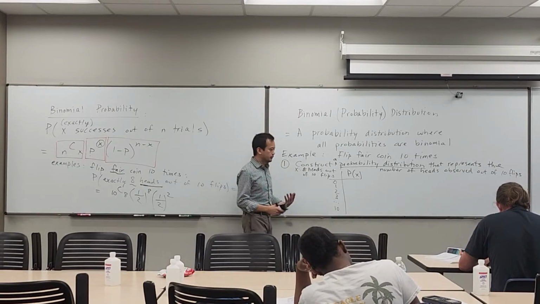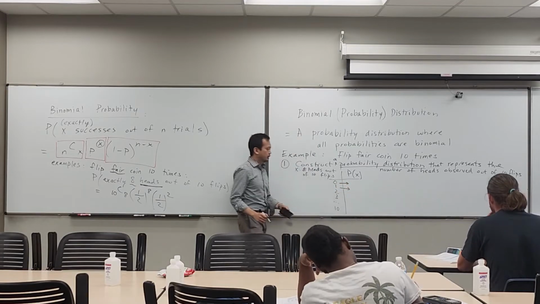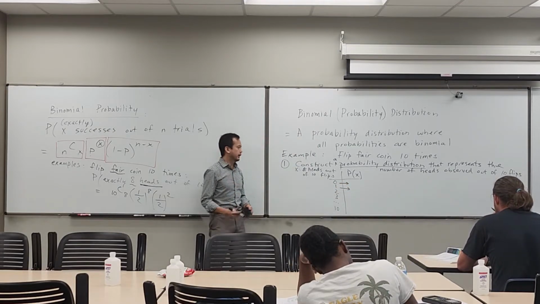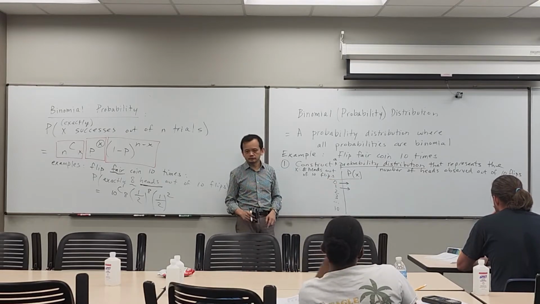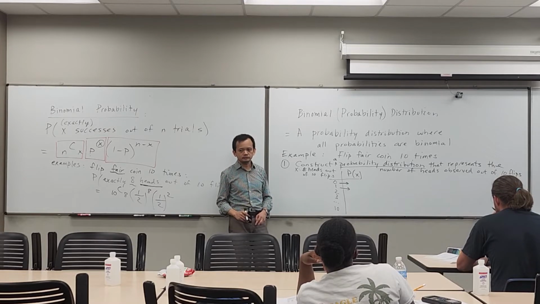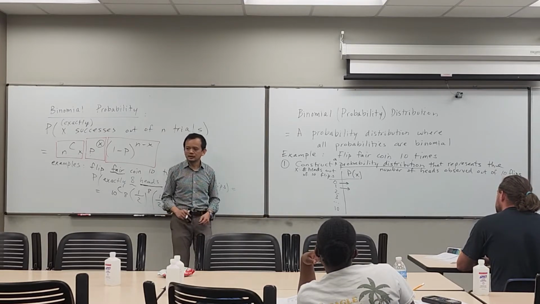And so in a probability distribution, we also want to list the probabilities of each value. So how do you find the probability that you'll observe no heads out of 10 flips? Use the binomial probability formula. Okay, good.